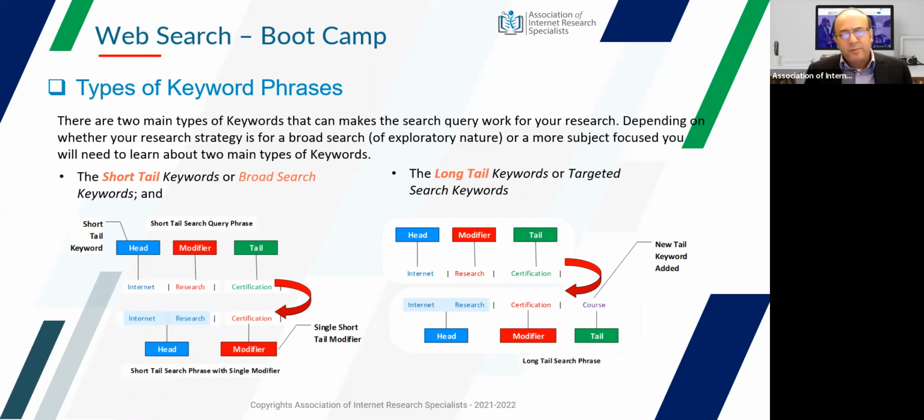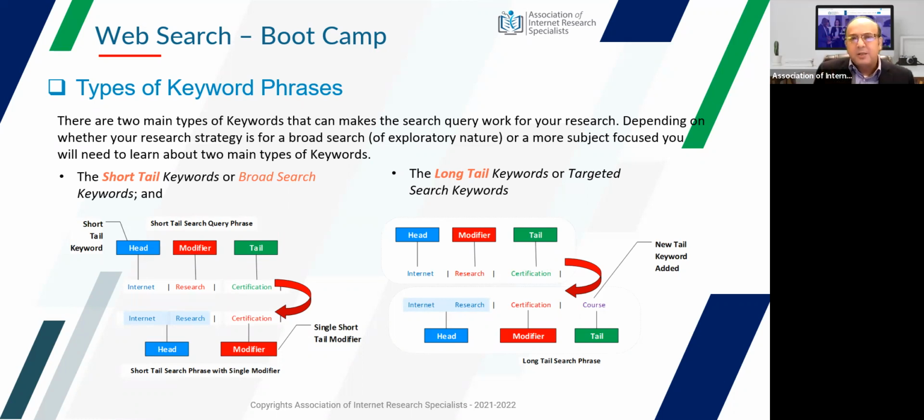There are two types of approach. One is broad search, the other one is long tail. So from that perspective, we would look at how the long tail and short tail are differentiated, and we are going to use the head, modifier, and tail as an example. So let's just look at the short tail. Short tail basically means that there are fewer words, mostly primary keywords or the kind of words which make a short phrase.